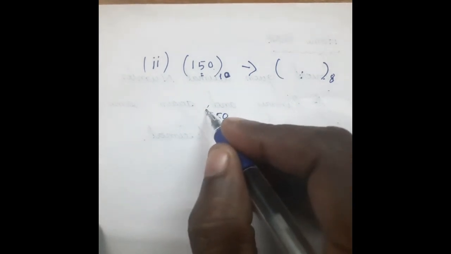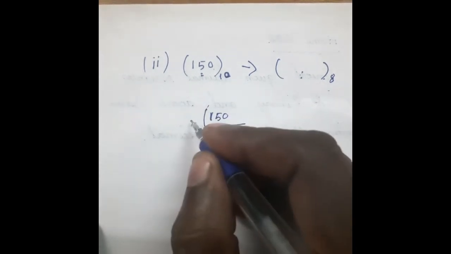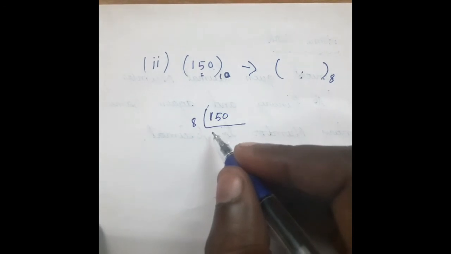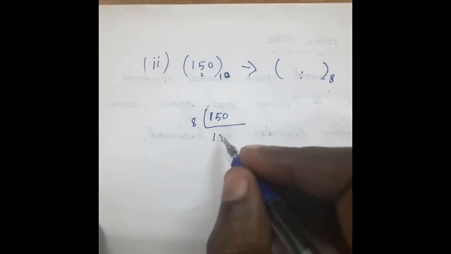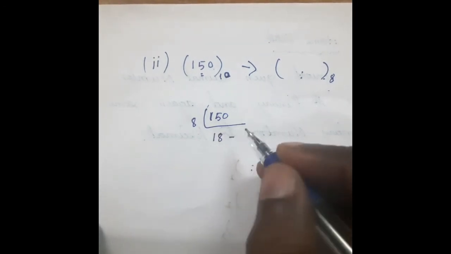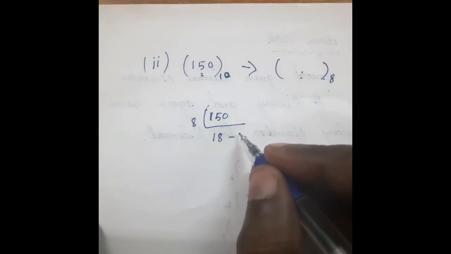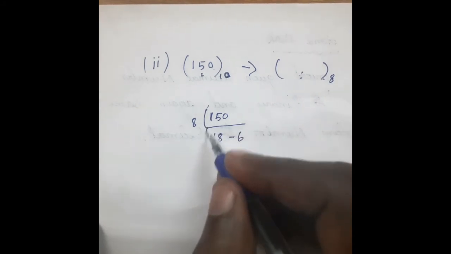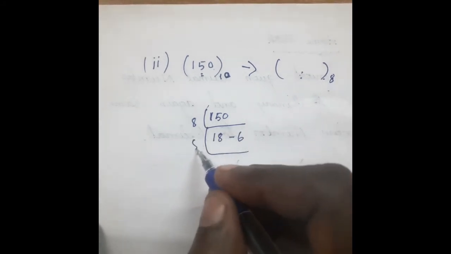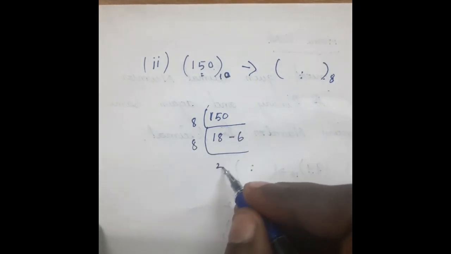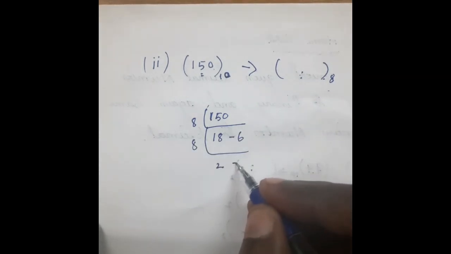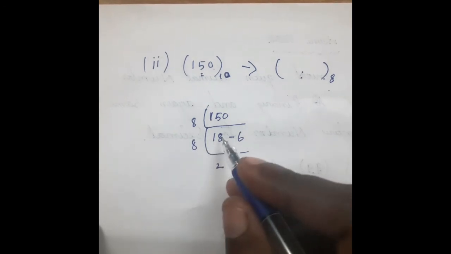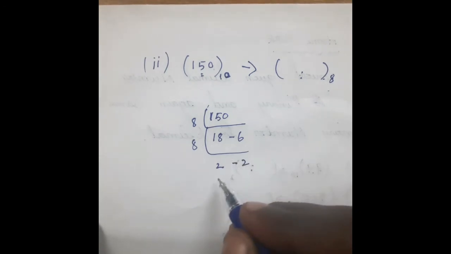150 divided by 8. 8 18 times. Remainder 6. Again 8, 2 times. Remainder 2. 8 2s are 16. 18 minus 16, 2.